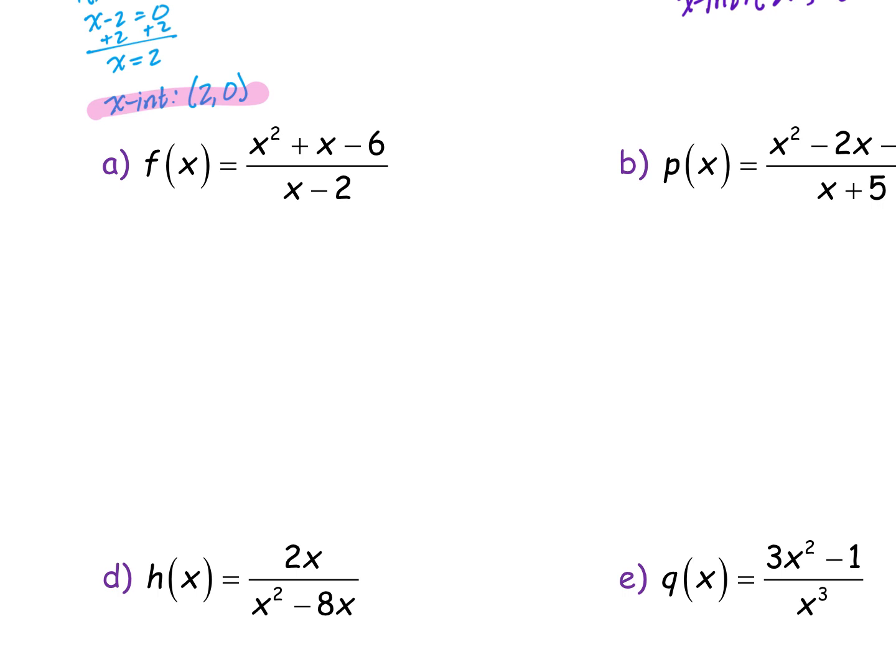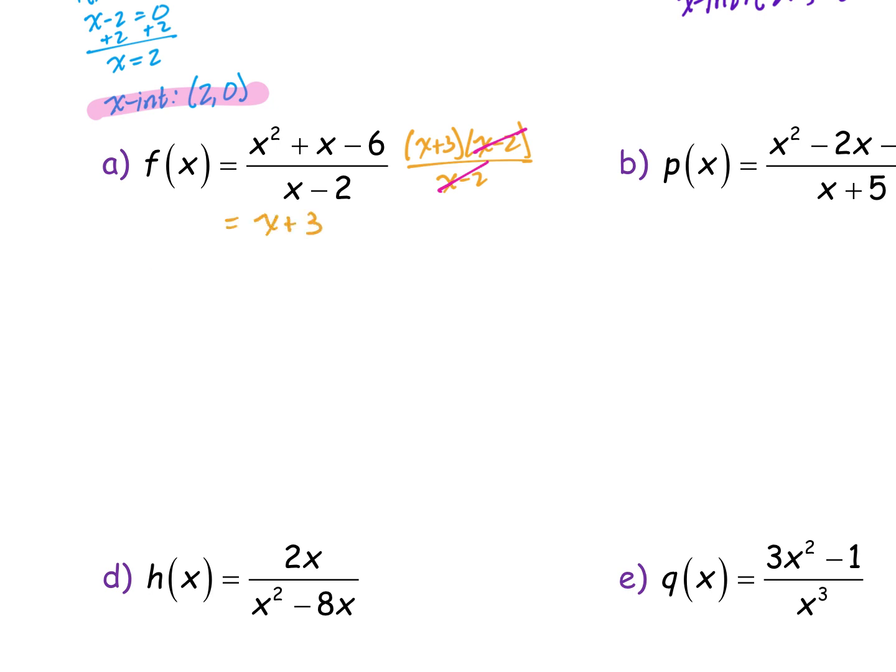So I'm going to simplify the equation so I can factor this to be x plus 3 times x minus 2 all over x minus 2. So the x minus 2's go away, and I'm going to get x plus 3.